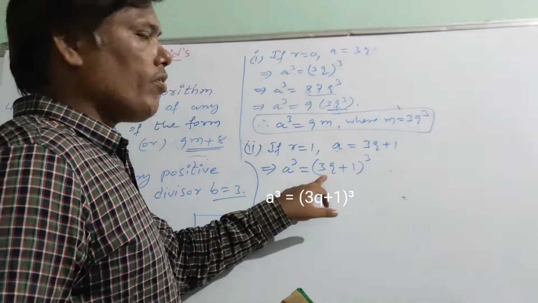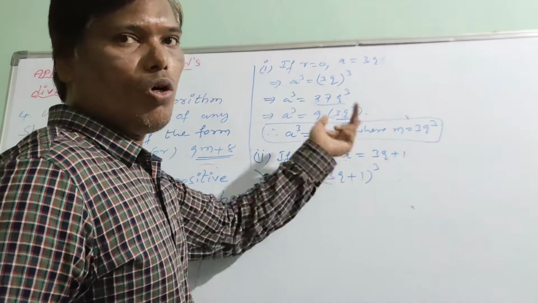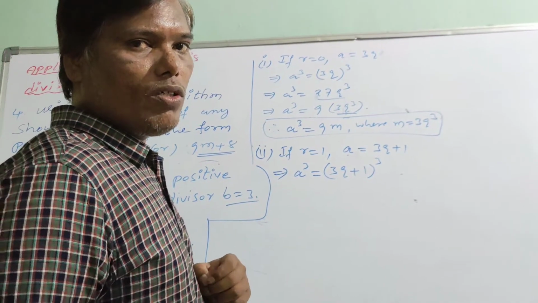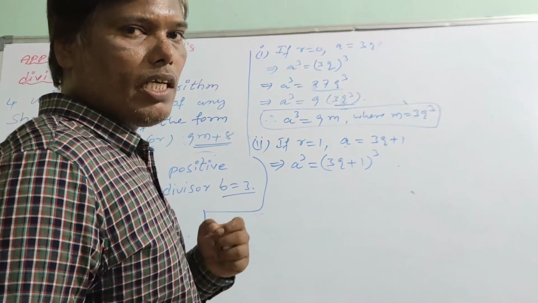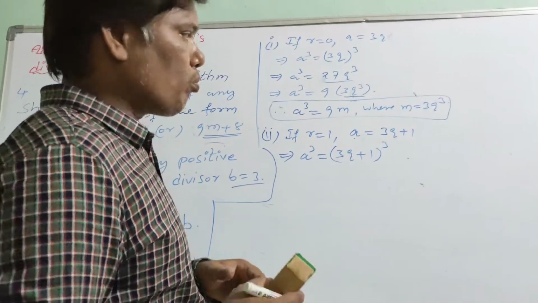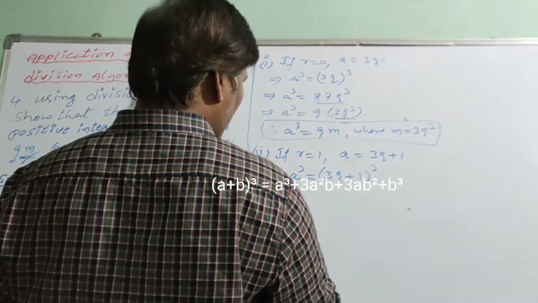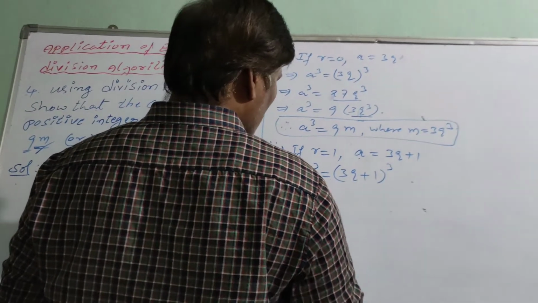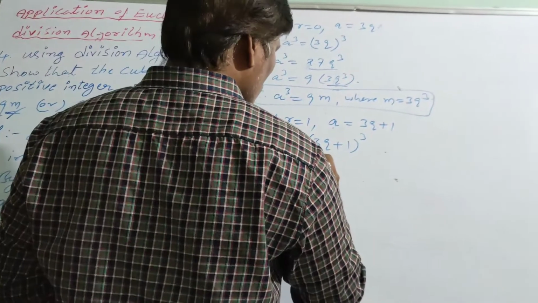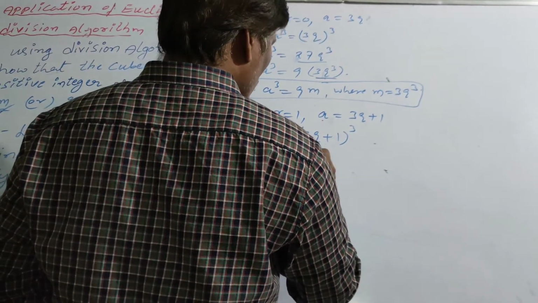Now it is in the form of A plus B whole cube. What is the A plus B whole cube formula? A plus B whole cube is equal to A cube plus 3A square B plus 3AB square plus B cube. Use this formula and expand.